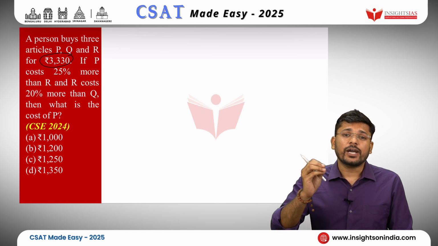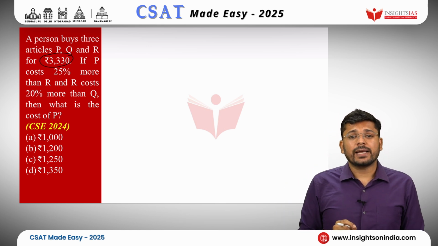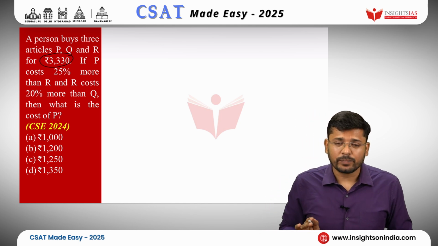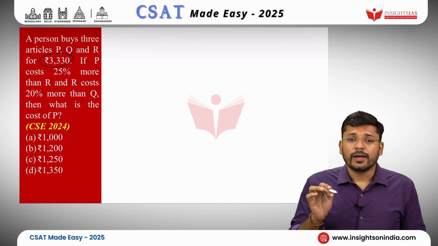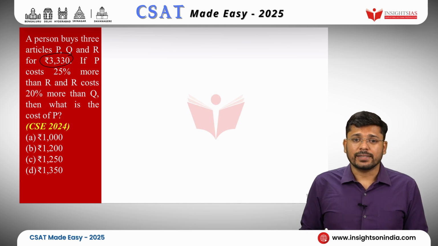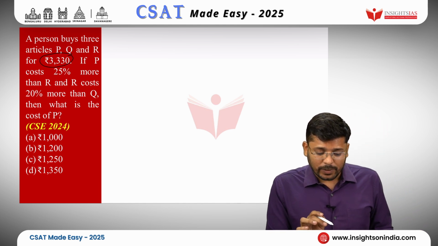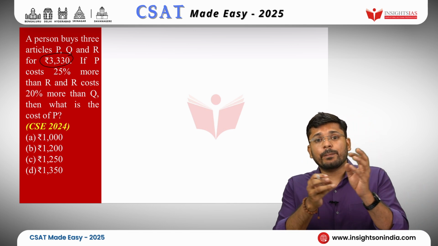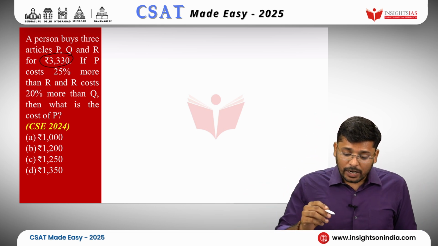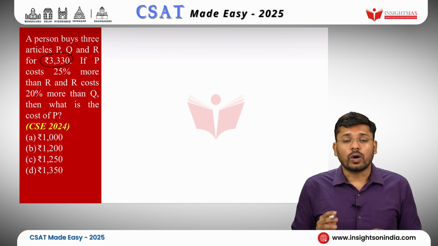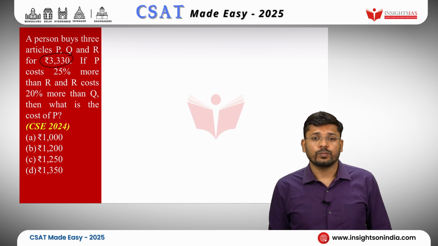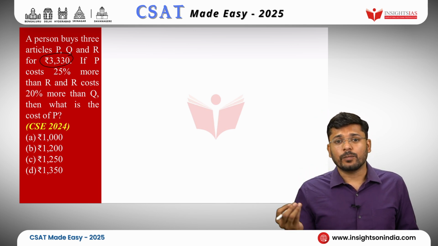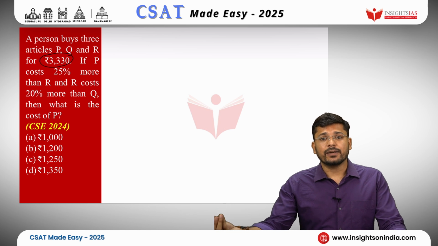And why do we assume Q to be exactly 100 coins? Why not P or why not R? I will tell you why we need to assume the value of Q to be 100 exactly. Look at the statements. P costs 25% more than R. P is being compared to R. R costs 20% more than Q. So R is being compared to Q. Which of the 3 items is the ultimate, the end reference?